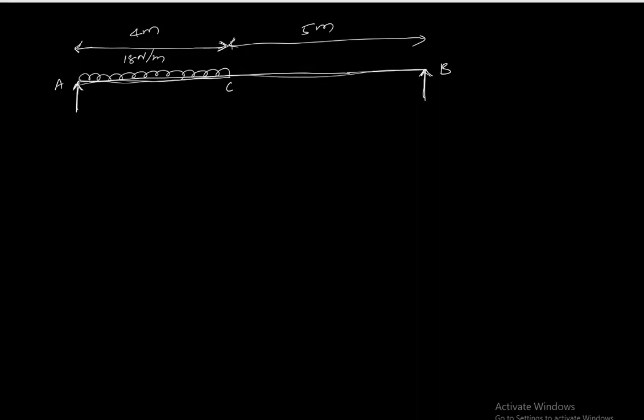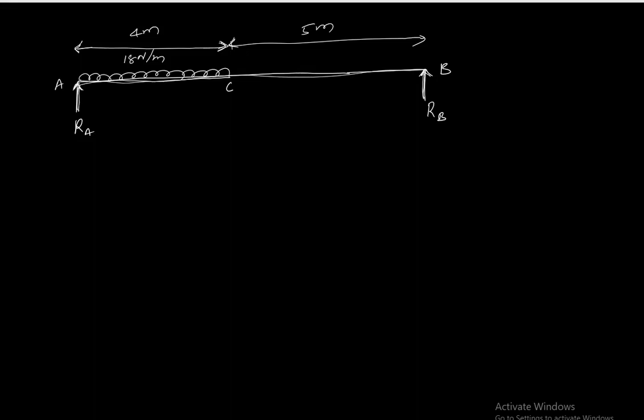Okay, first thing we need to do is find the reactions. How much are these reactions? I'm going to call them RA and RB. R for reaction, and the subscript A means where that reaction is being applied or felt.